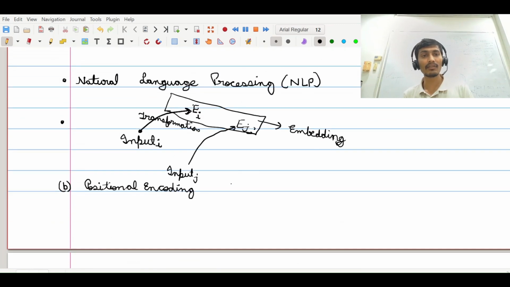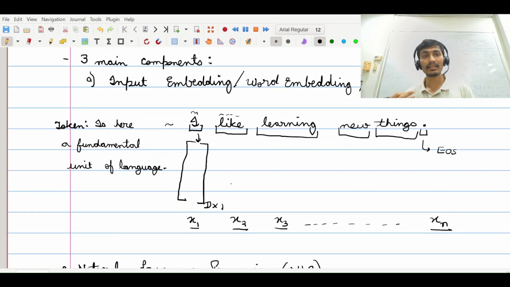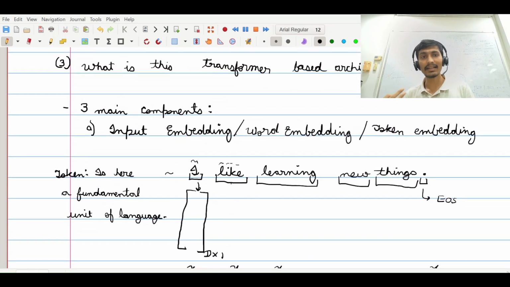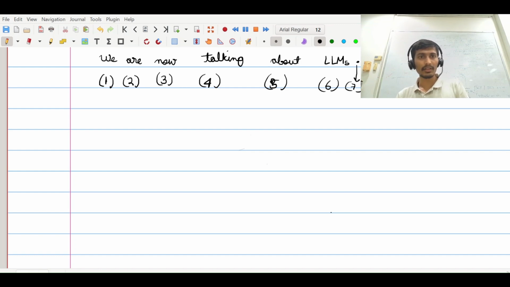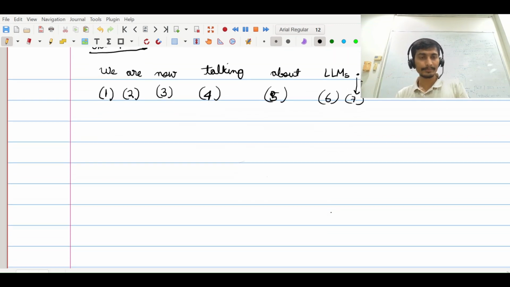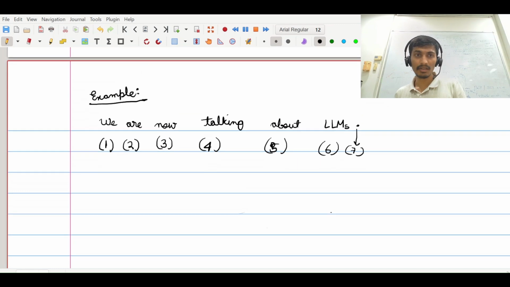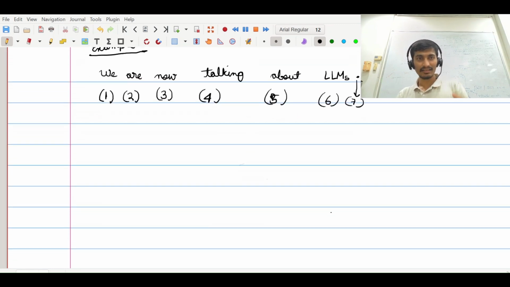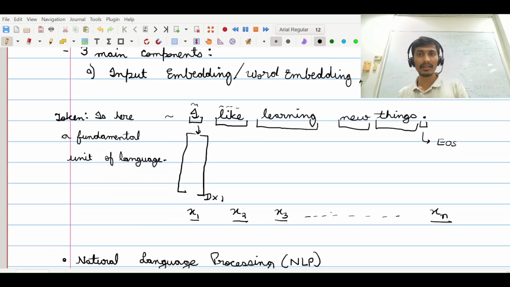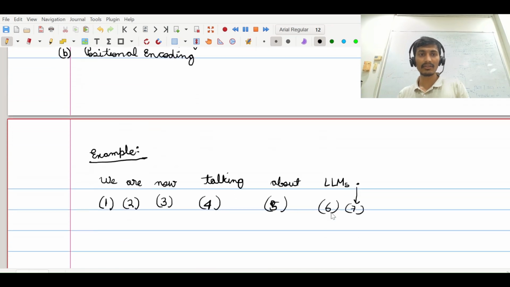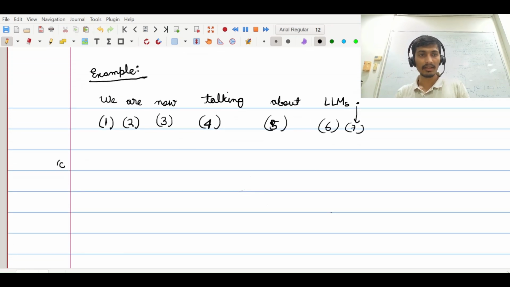We were saying that the transformer architecture has three main components: the first component was input embedding, the second main component was positional encoding, and the third main component is multi-head attention.